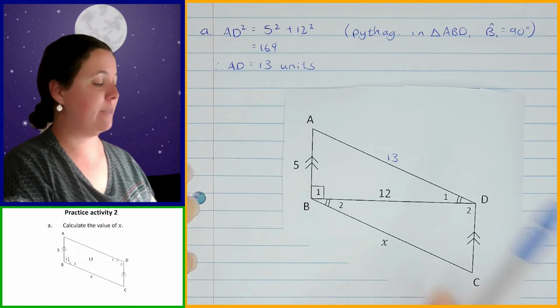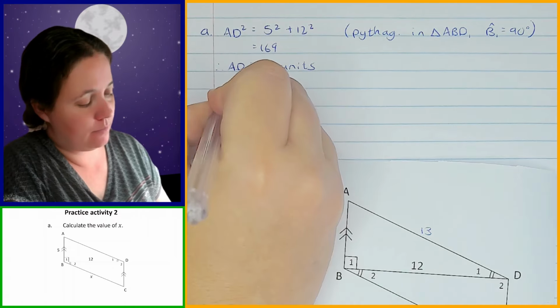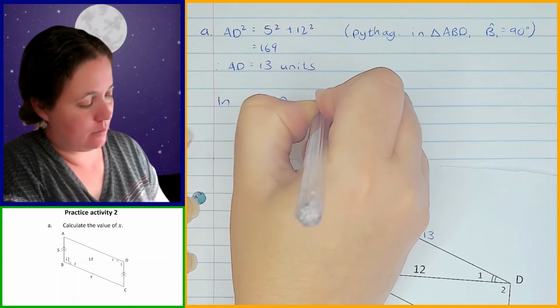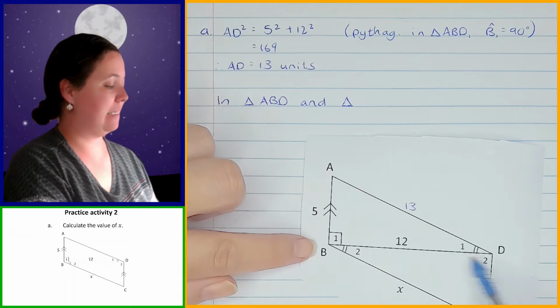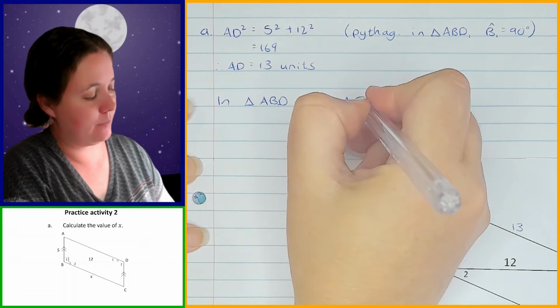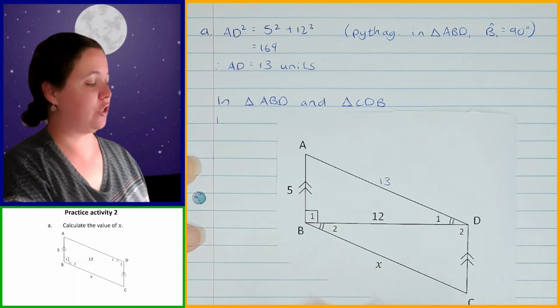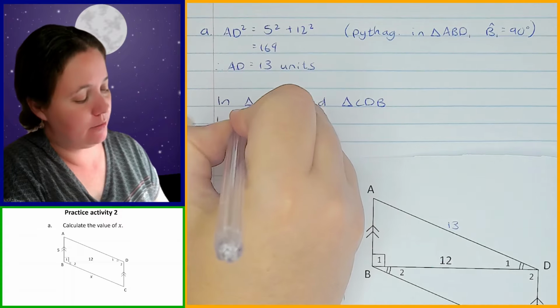So I'm going to start my proof by saying in triangle ABD and triangle CDB, my first statement is going to be that this line over here is common. So BD is common.